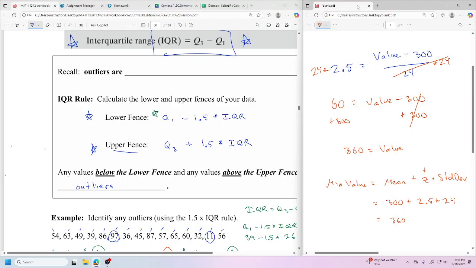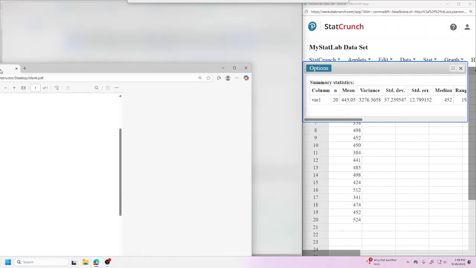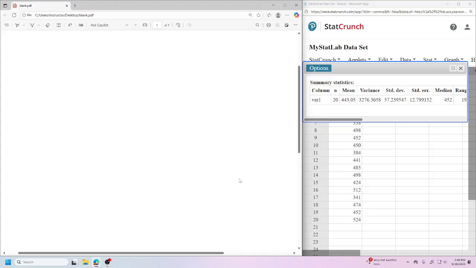I'm going to get a blank paper here, and I'm going to write it all down. So it was Q3 plus 1.5 times the IQR. And we have all those numbers. Let me scroll, find them here.